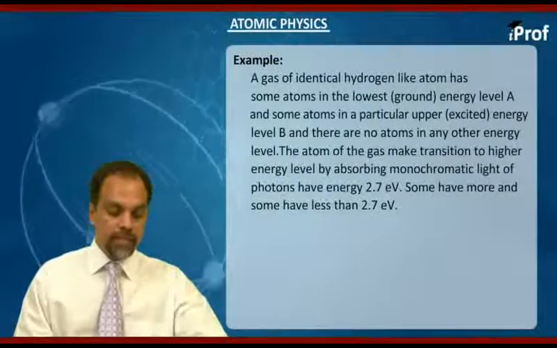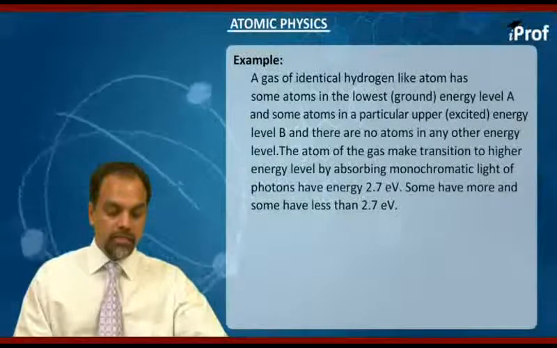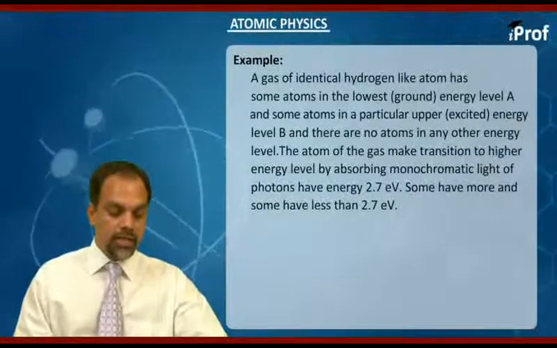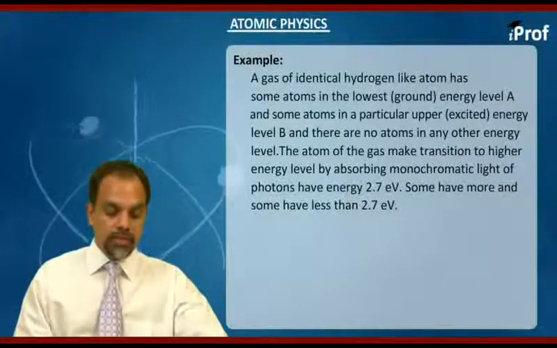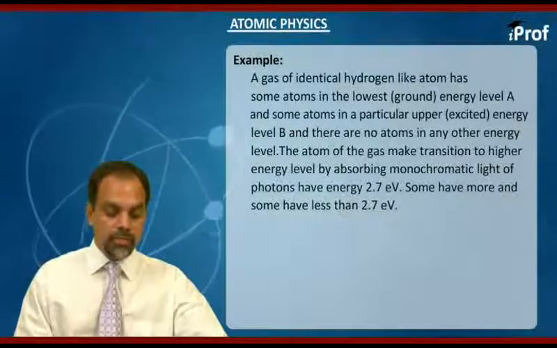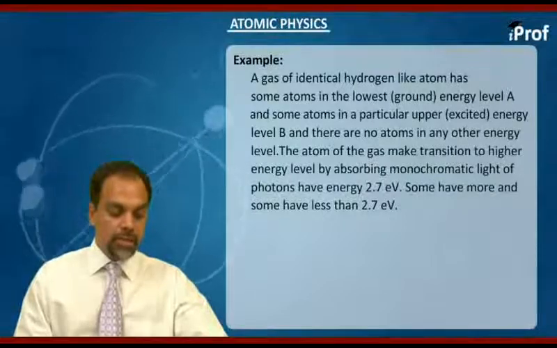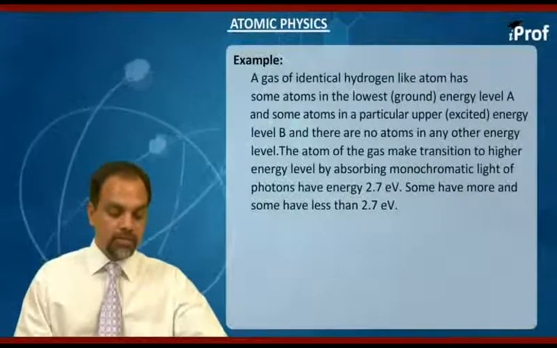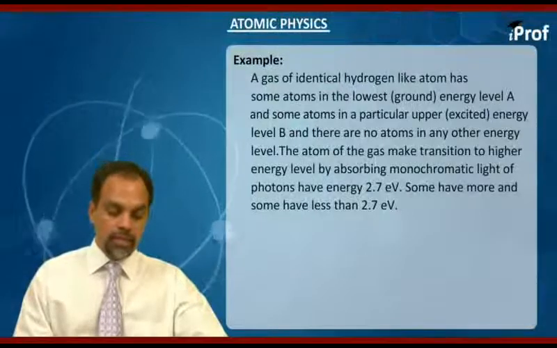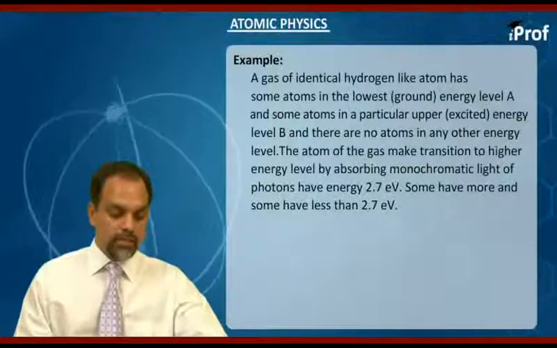Subsequently, the atoms emit radiation of only 6 different photon energies. Some of the emitted photons have energy 2.7 electron volt, some have more and some have less than 2.7 electron volt. There are 3 questions which we have to calculate.